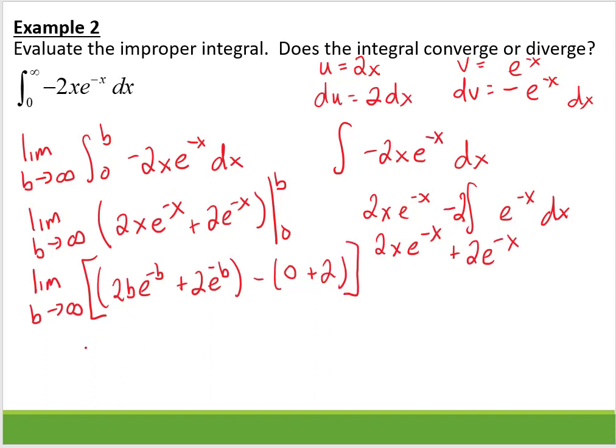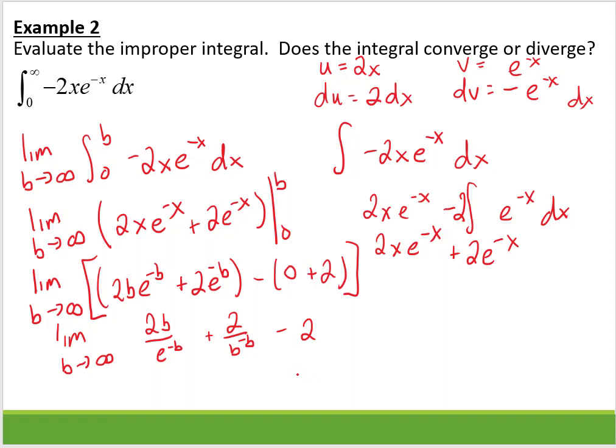So now finding my limit, I'm going to adjust this a little bit. I'm going to adjust this to 2b over e to the b plus 2 over e to the b, minus 2.